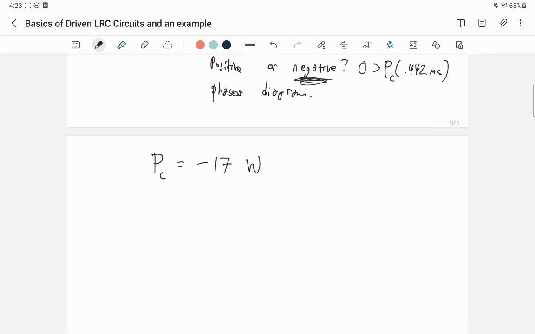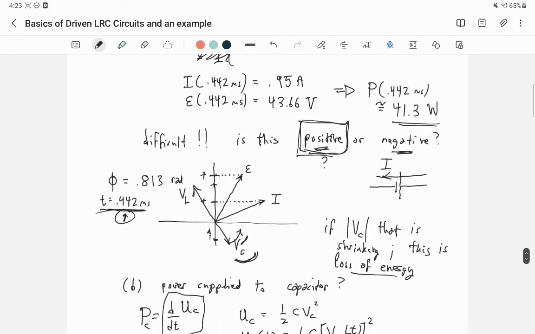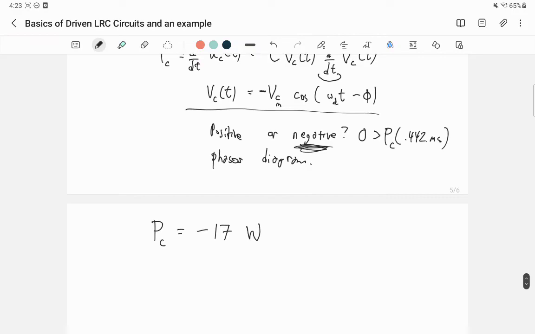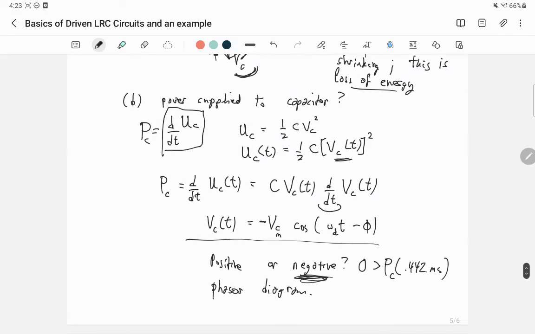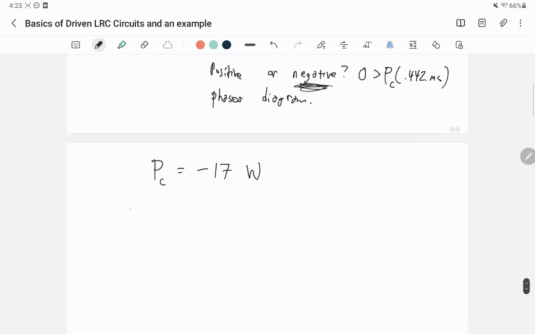Okay. All right. So this was part B. Actually, there's two other things. So part C: the power of the inductor, right? It's the time derivative of the energy stored in the inductor, right? And the energy stored in the inductor is stored in the fact that you have been able to build up a current.